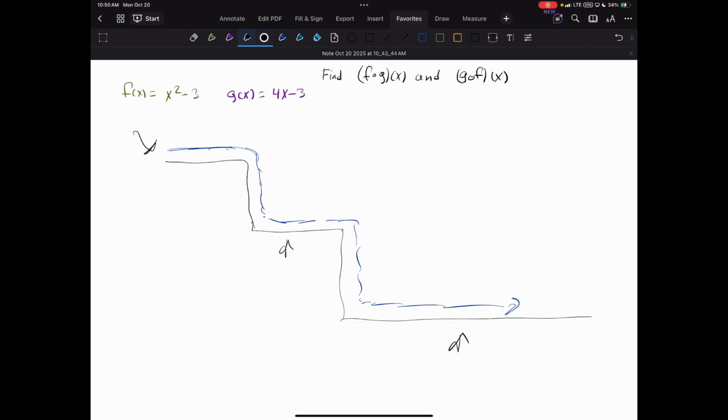When I think about that in terms of composite functions, we have an input here.